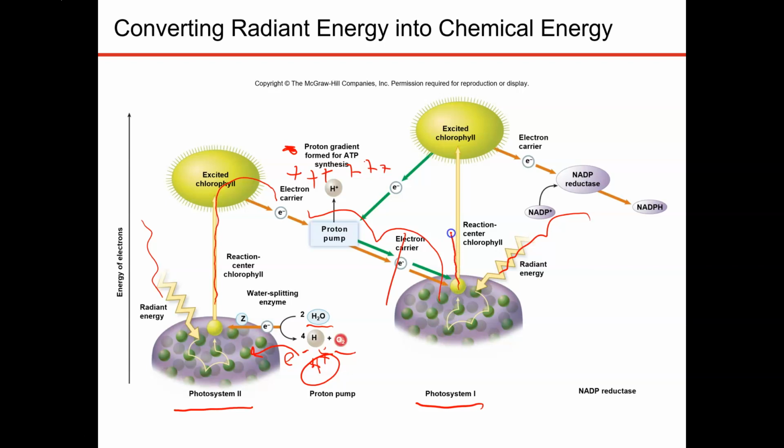The electrons rise in energy, and they jump again. In this case, they jump to an electron carrier, NADP. NADP reductase takes the hydrogen and attaches it to NADP, producing NADPH. This NADPH is an electron carrier in a biosynthesis pathway.